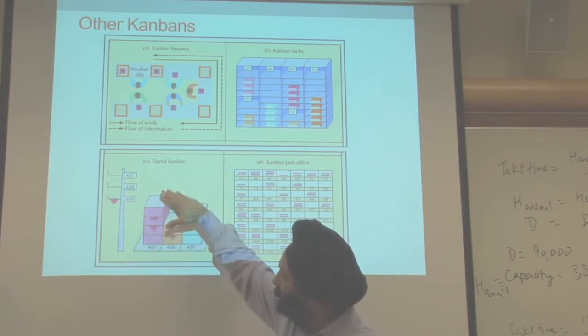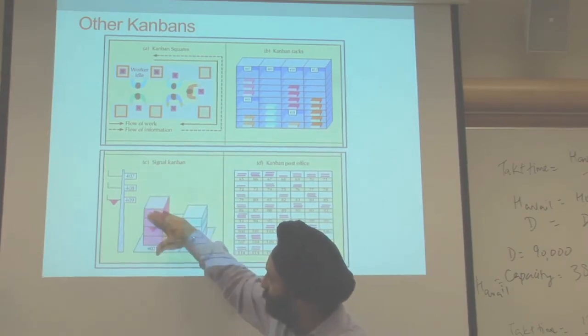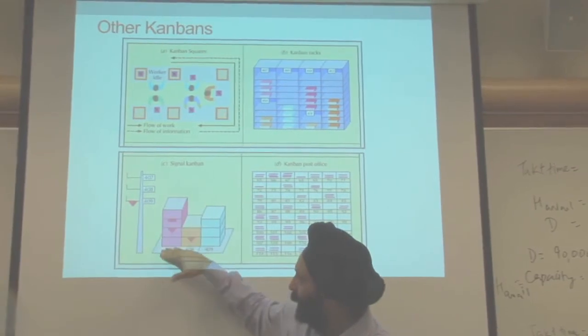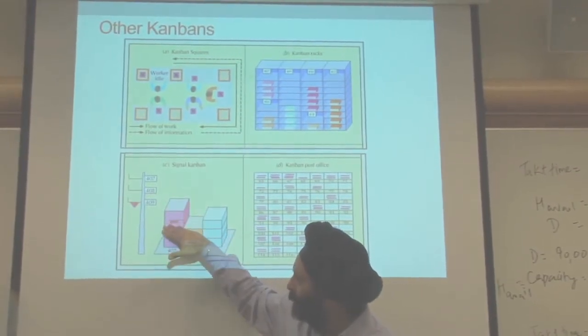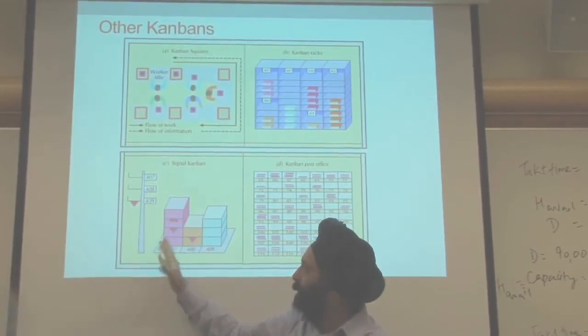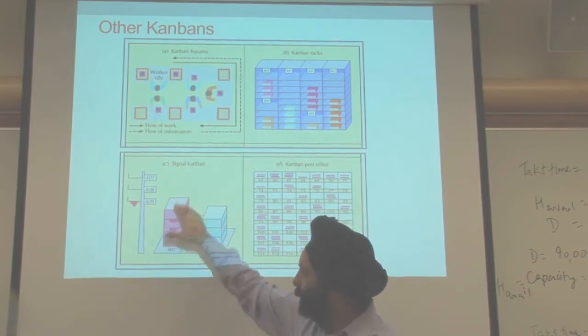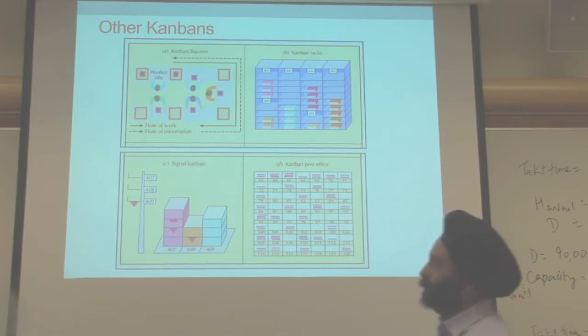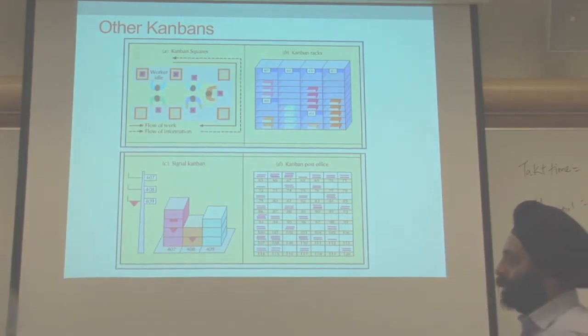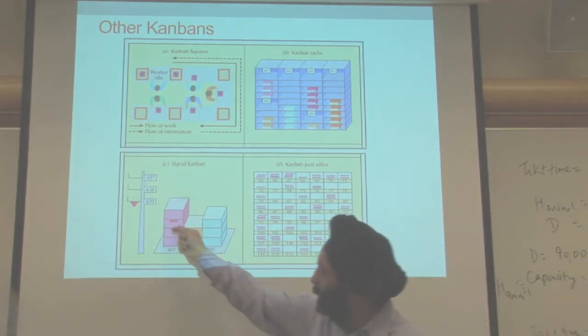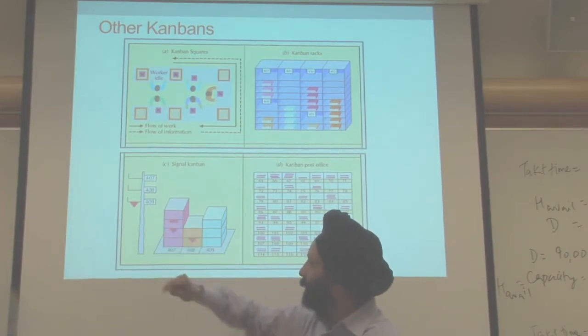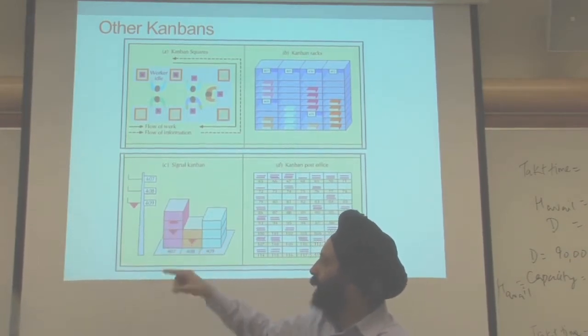So over here, as soon as you reach a certain level of material and it goes below a certain height, that indicates the height limit, and so that's where you have a signal to order a new Kanban.